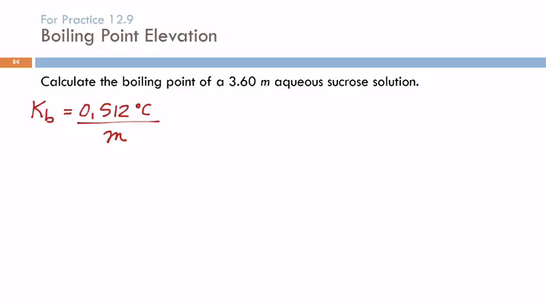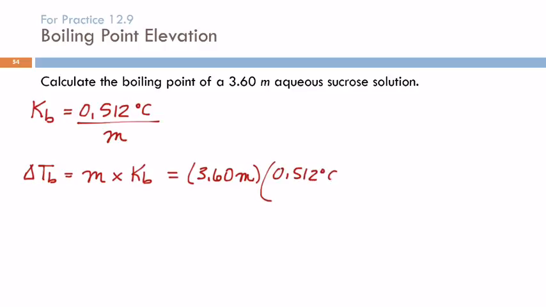If we want to calculate the boiling point, I picked this constant because aqueous means that the solvent is water. So the change in the boiling point is equal to the molality times that constant. They gave us the molality, and we looked up the constant, so we just put these things together. 3.6 molal times the constant, 0.512 degrees Celsius per molal, and the molalities cancel out.